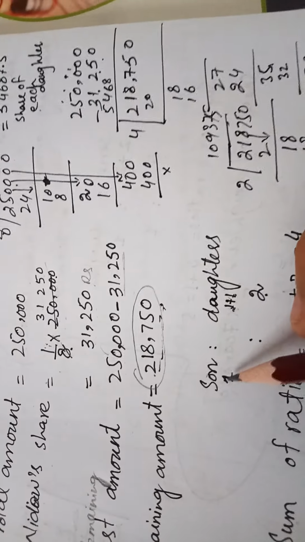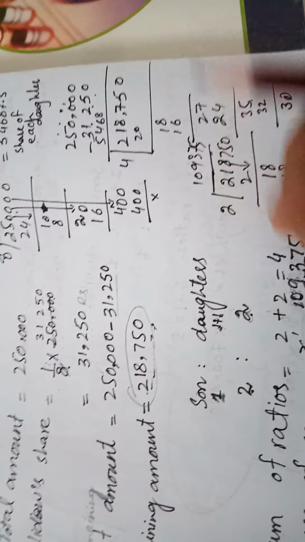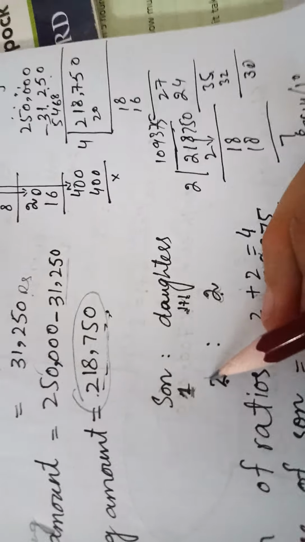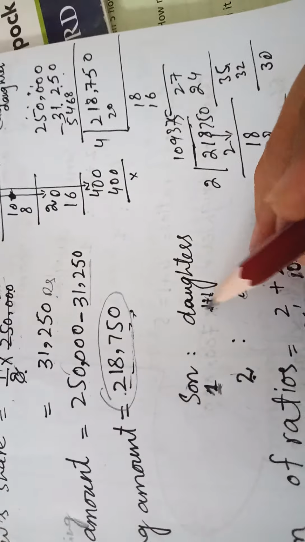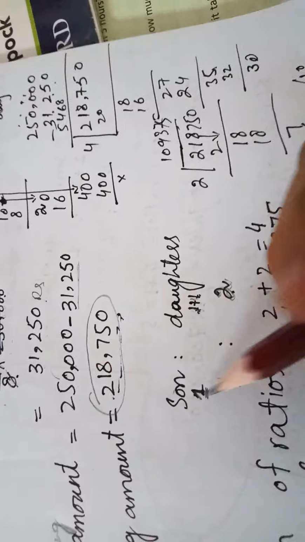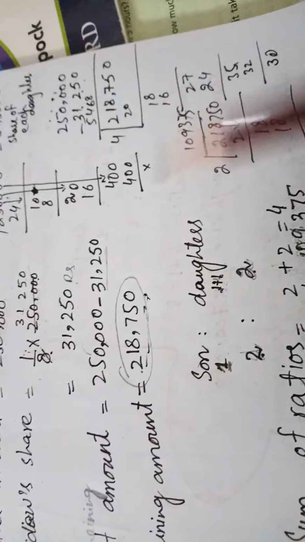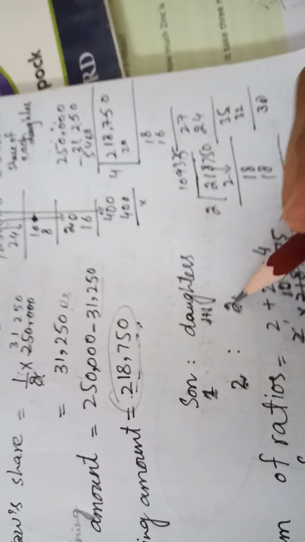As you know, there is 1 share for the son and 2 shares for daughters. How many sons? There is 1 son. And how many daughters? 2 daughters. The son will have 2 shares and each daughter will have 1 share, so 2 daughters will have 2 shares.